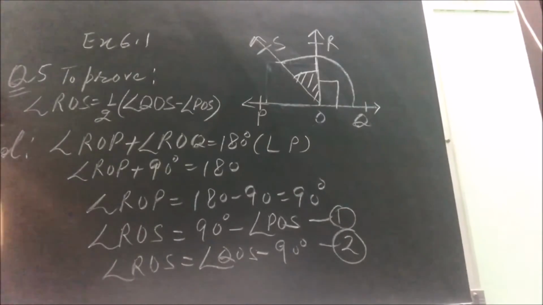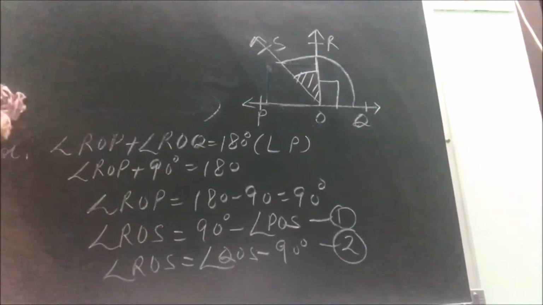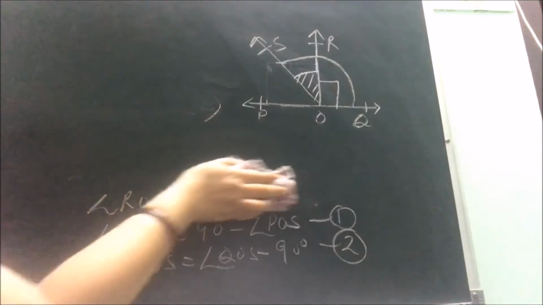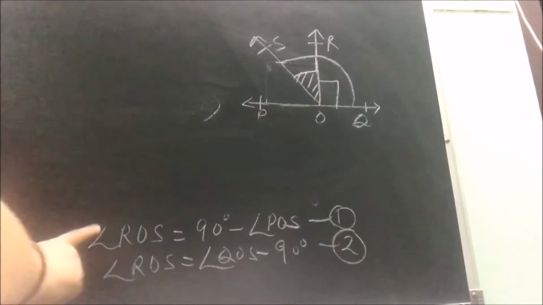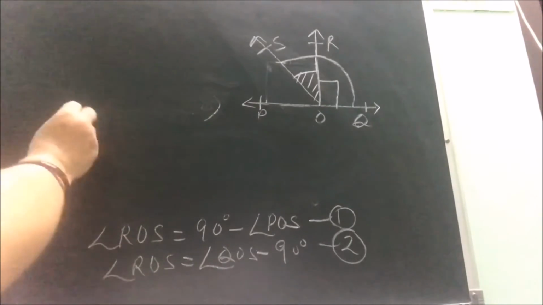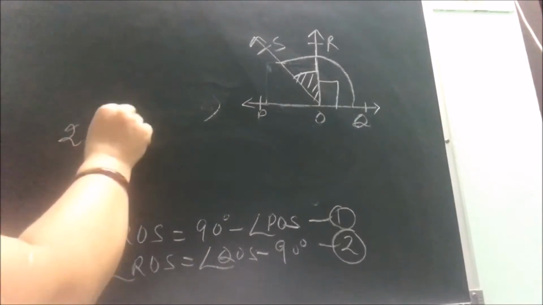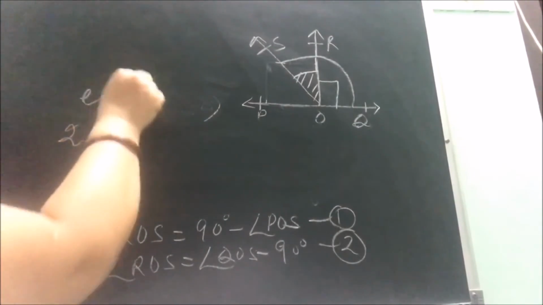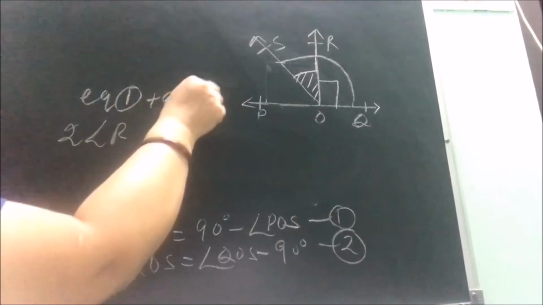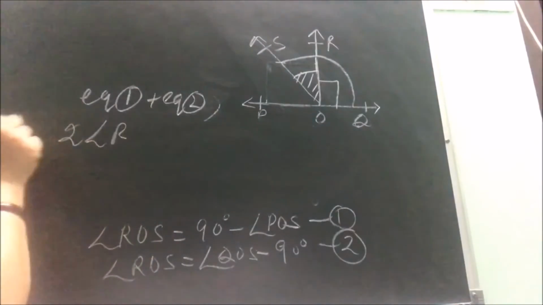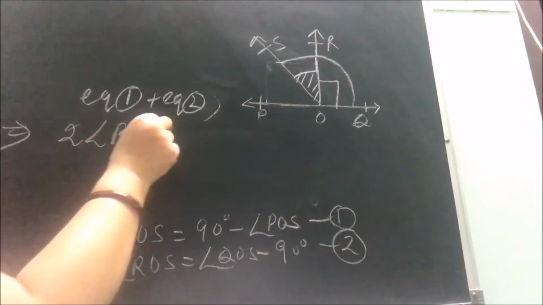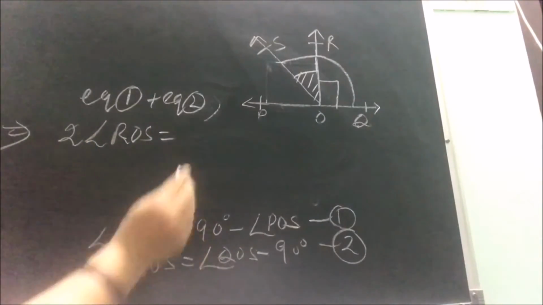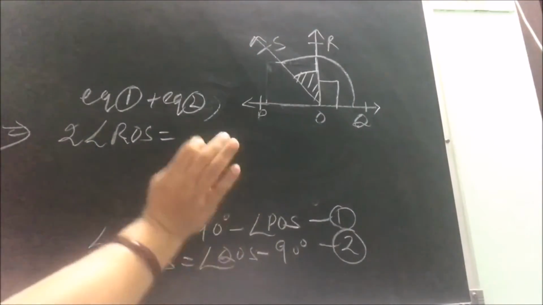When we add them, then what will we get? See, when we add these two equations, so ROS plus ROS, it becomes twice ROS, and here we write equation 1 plus equation 2 implies ROS plus ROS become twice ROS, and add these two terms collectively.